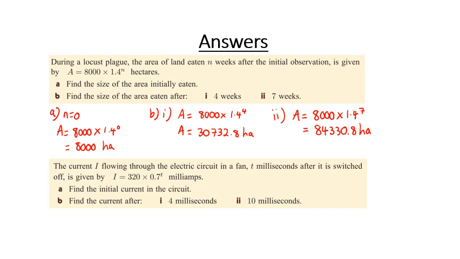Find the initial current. So again, the initial current is when t equals 0. So therefore our I equals 320 times 0.7 to the power of 0, which is therefore just going to equal 320 milliamps.